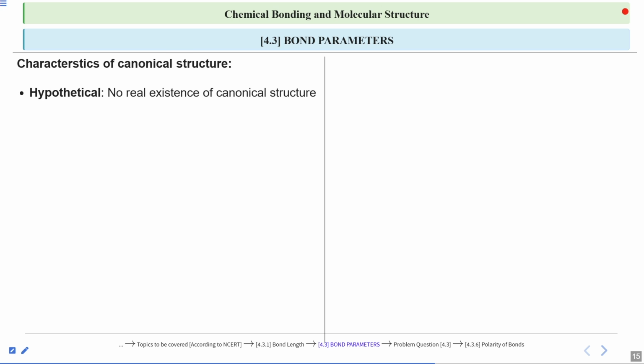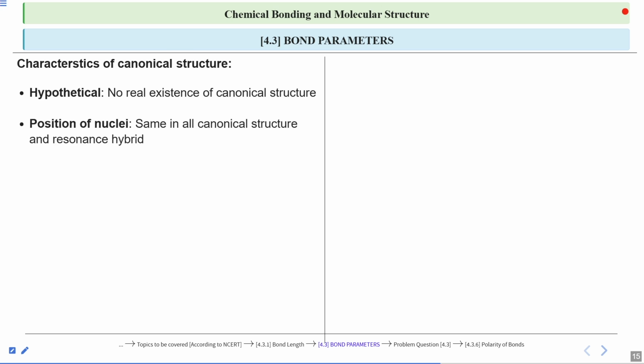Means if you look for the molecule in the canonical form inside your reaction mixture or inside your compound, then you will not see it. If it was there, then you must have gotten 148 picometer and 121 picometer as the bond lengths. But that was not the case. Means your canonical structure has no real existence.